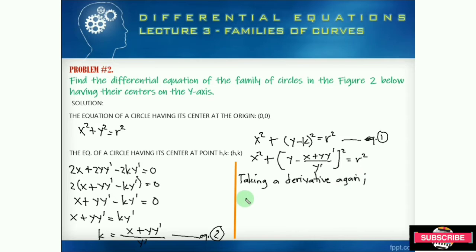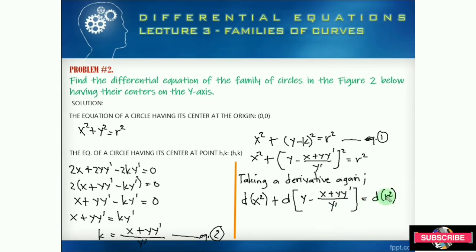So we can say that the derivative of x squared plus this quantity, we have y minus x plus y prime over y prime, is equal now to the derivative of r squared.